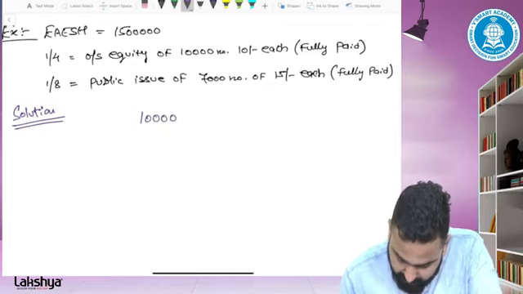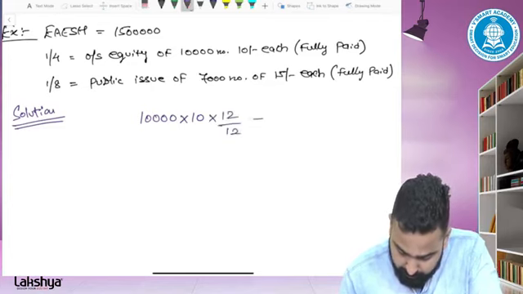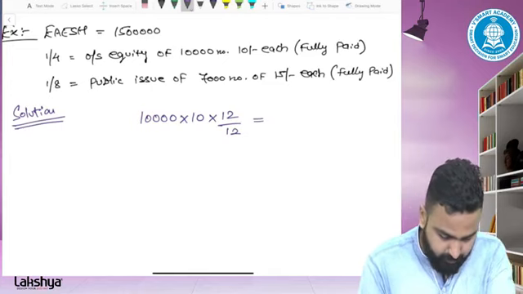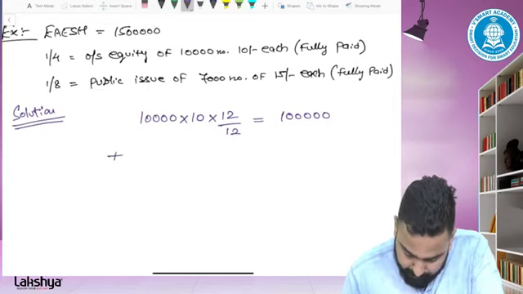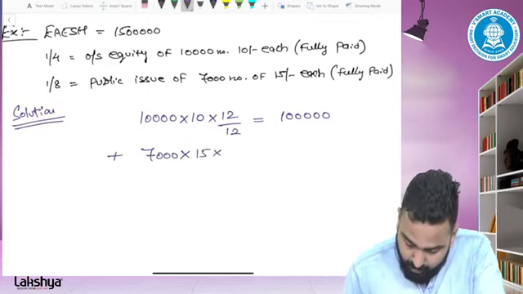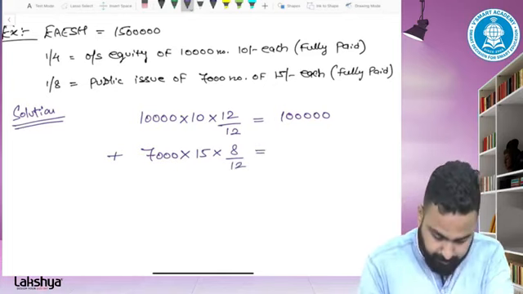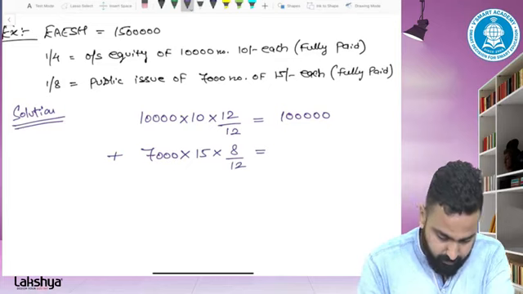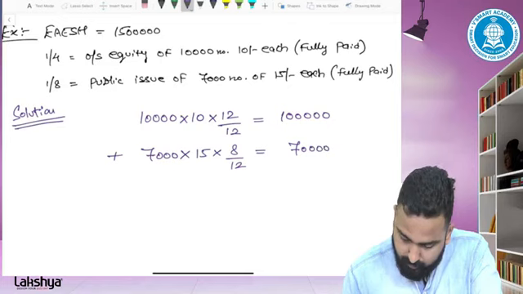10,000 into 10 into 12 by 12, that is 1 lakh, plus 7,000 into 15 into 8 by 12, that is 70,000.